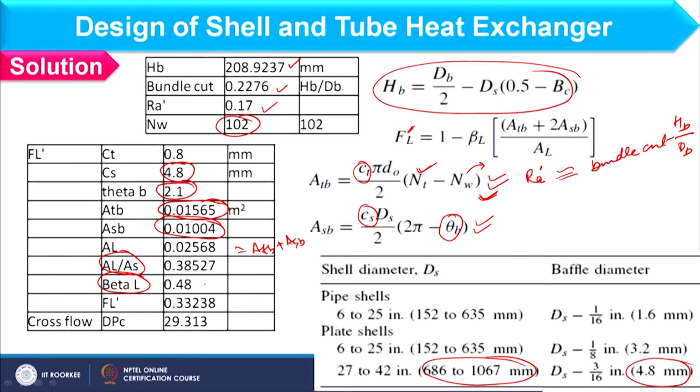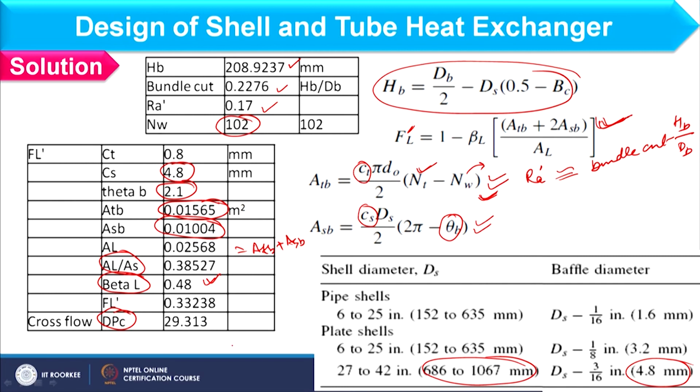So, that value of beta L comes as 0.48, and based on that I can find out FL dash value using this graph, and which is using this equation, which is coming at 0.3324, right.